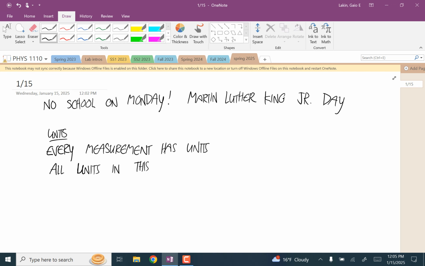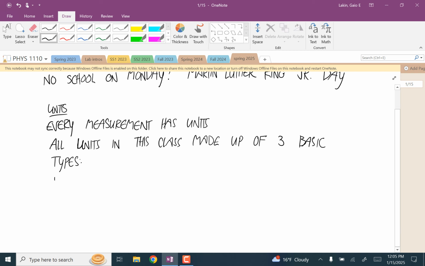Those are units of length, which could be millimeters, inches, feet, so on, miles, light years, by the way.